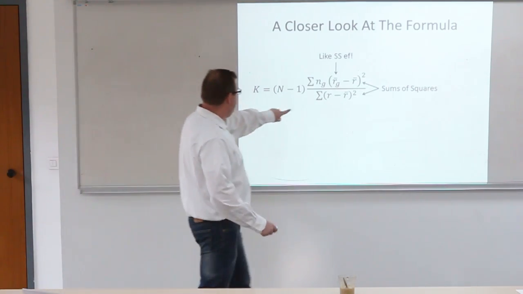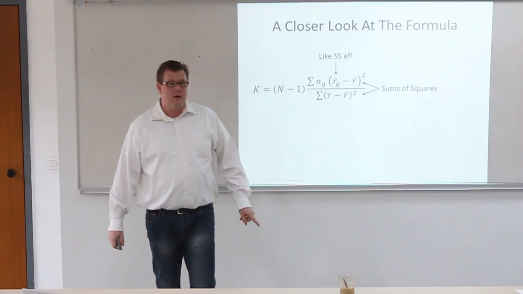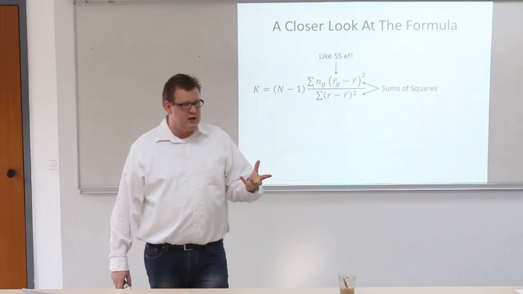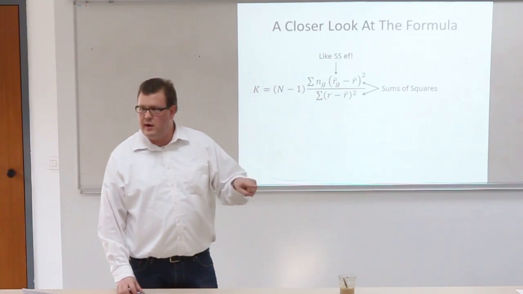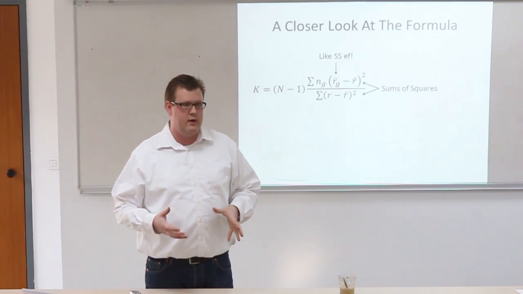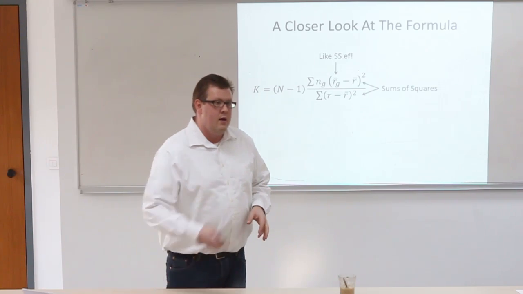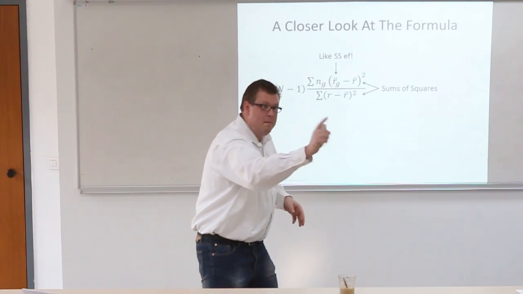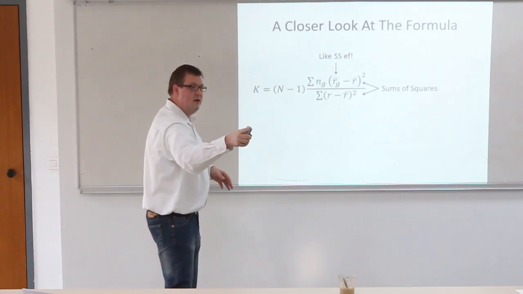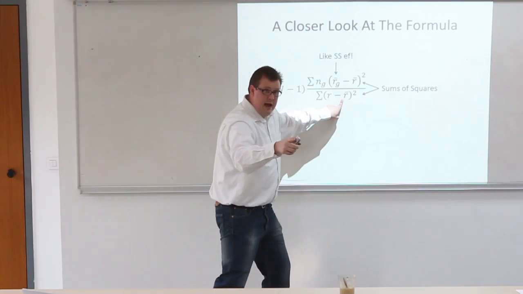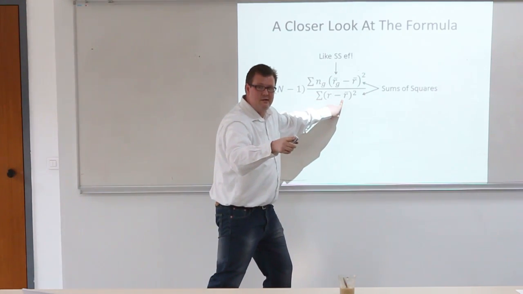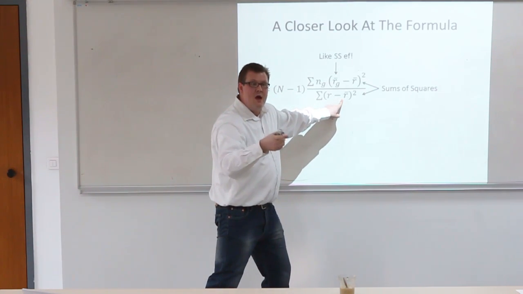But what is this denominator like? Is it like the sum of squares for error? Do you guys remember what the sum of squares for error was when we were doing our ANOVA? Each individual minus the grand mean. No, not grand. Group mean.